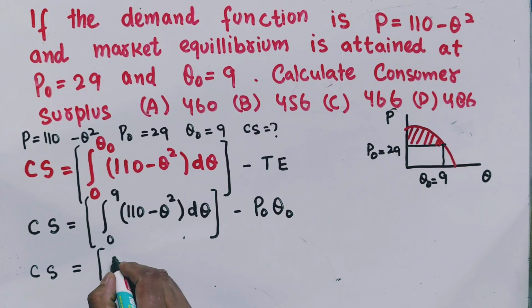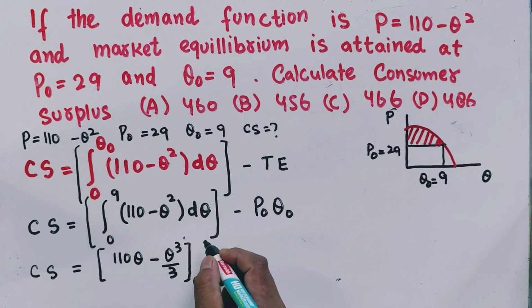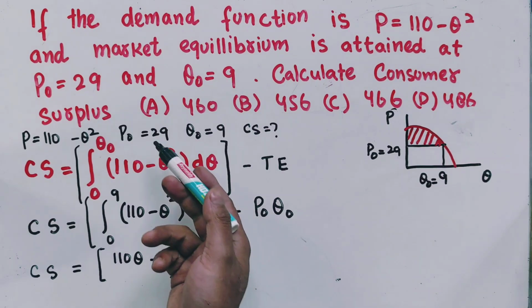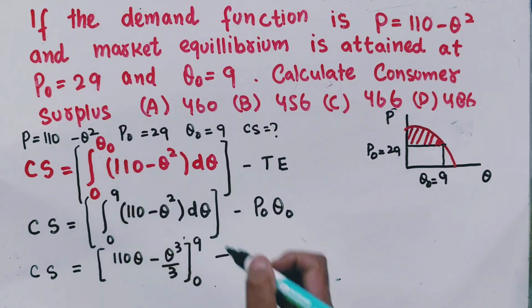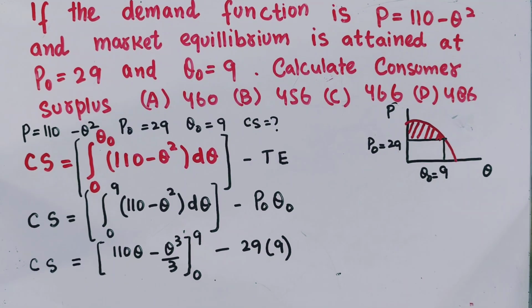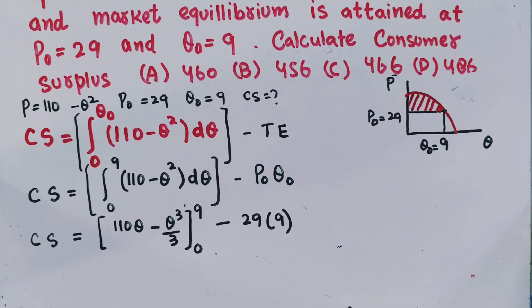The integral of 110 is 110 Q minus the integral of Q square, which is Q cube upon 3 by the power function rule of integration, and we evaluate it from 0 to 9, and then we subtract from it the total expenditure, that is P naught times Q naught. P naught is 29, Q naught is 9.